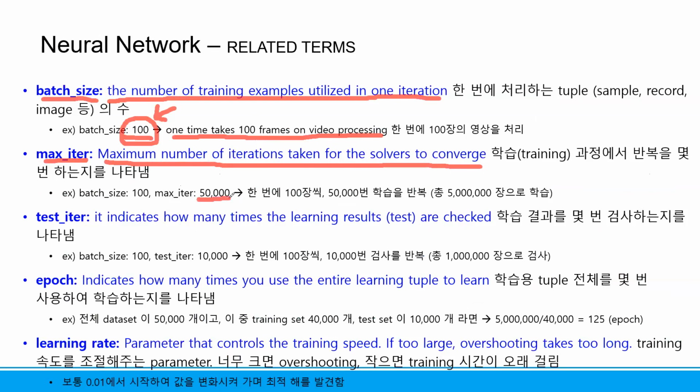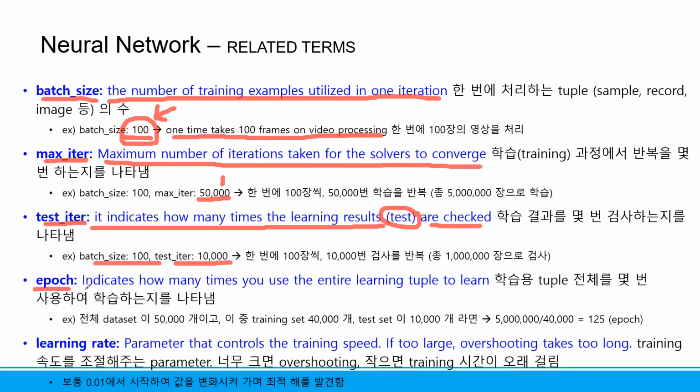Then we will do the iteration for every 100 frames of the video until 50,000 iterations. We have test iteration. It indicates how many times the learning result, or we call this the testing result, is checked. We can use the same batch size, and we can specify the testing iteration.